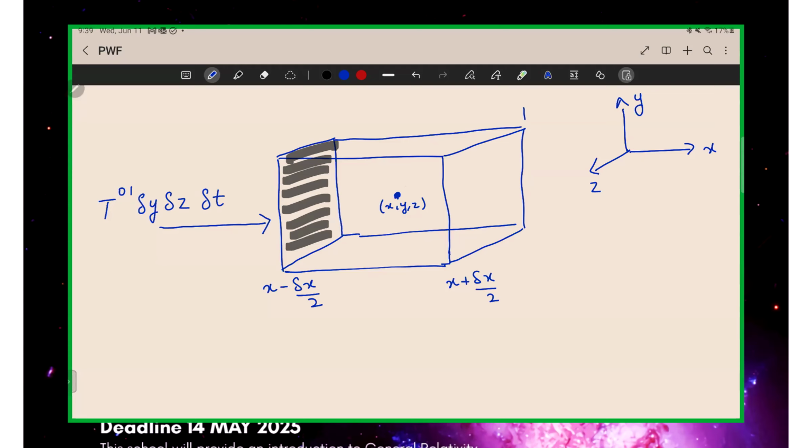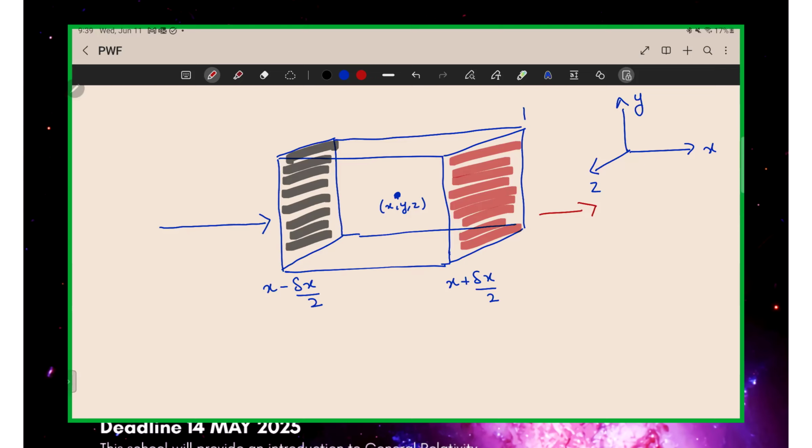Okay. And now let me choose a different color. Let me shade this face as red. What is the energy that goes out? I think I need extra space for this.